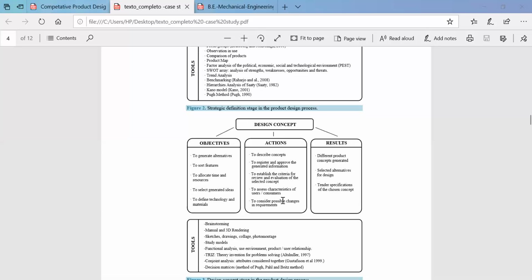If any changes have to be made in order to meet the needs of the consumers, then the possible changes and corrections needed for that approved concept have to be done by the team of design people. So all these are the actions which have to be taken with care to ensure a successful approval of the conceptual design.